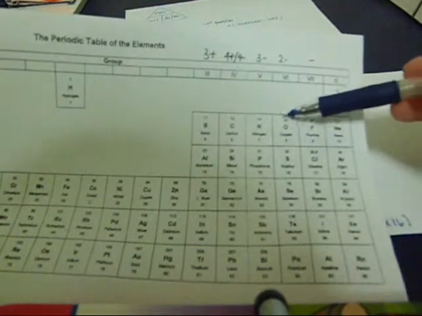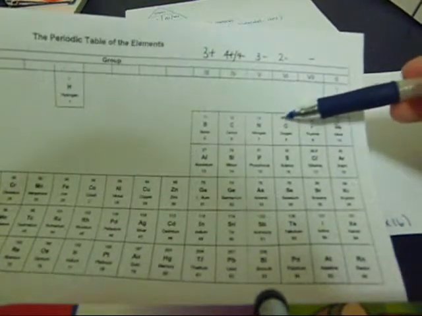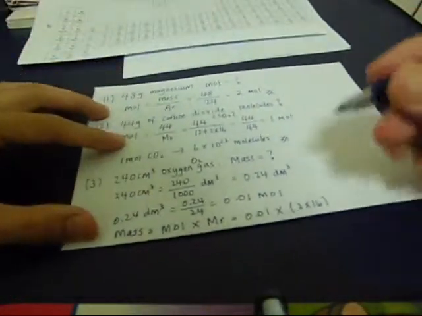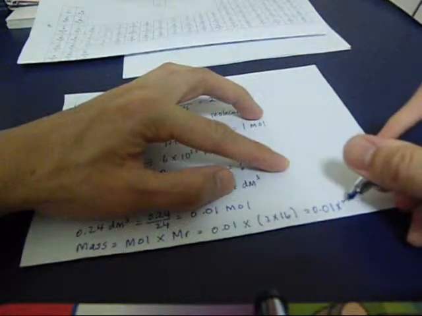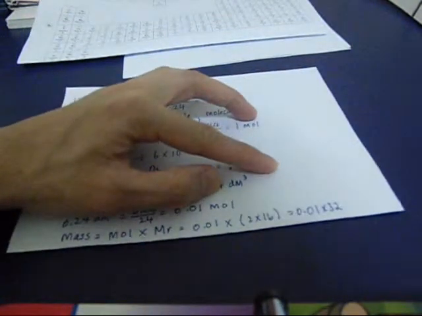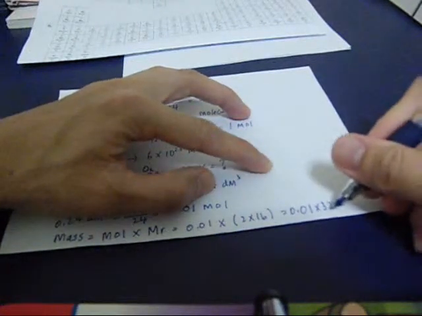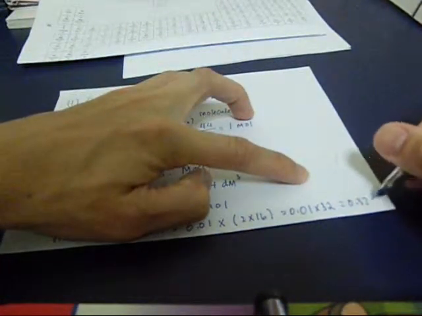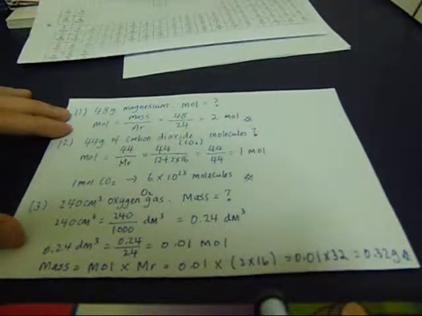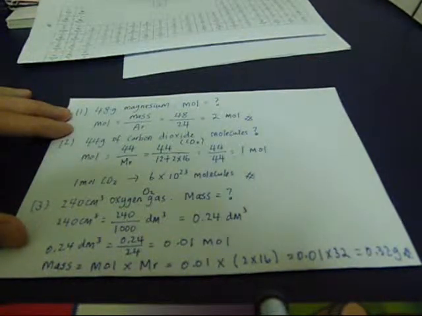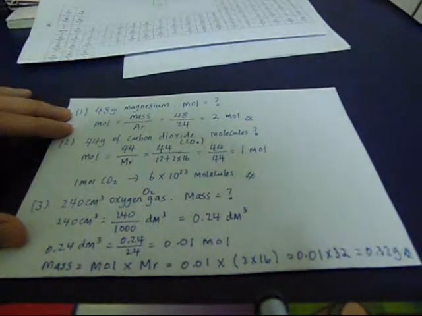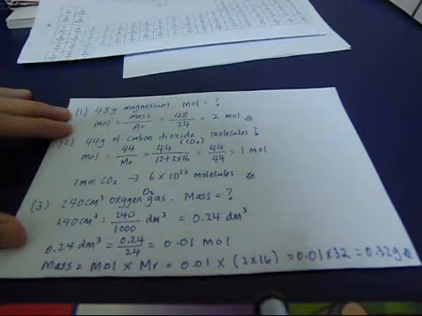This would be 0.01 times 32, and that would give you 0.32 gram. So the mass of 240 cm cube of oxygen gas is 0.32 gram.